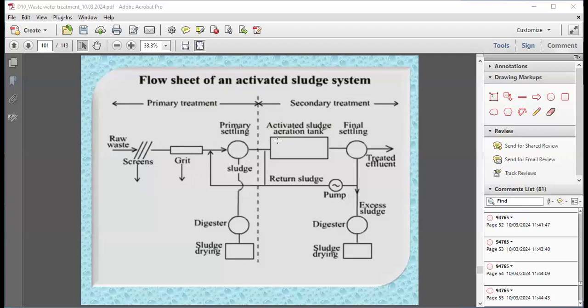Sludge systems: the primary settling, the sludge digester, sludge drying is the primary treatment. Secondary treatment: activated sludge aeration tank, the final settling, treated effluent, the return sludge pump. This is the flow sheet of the activated sludge.